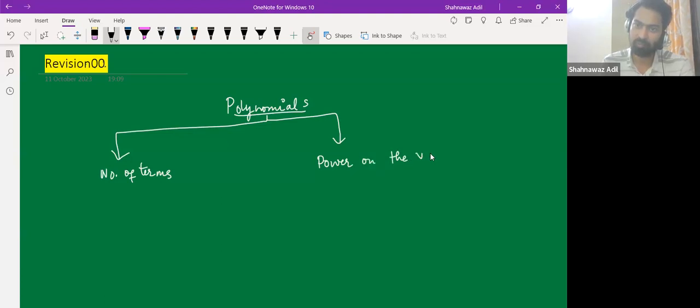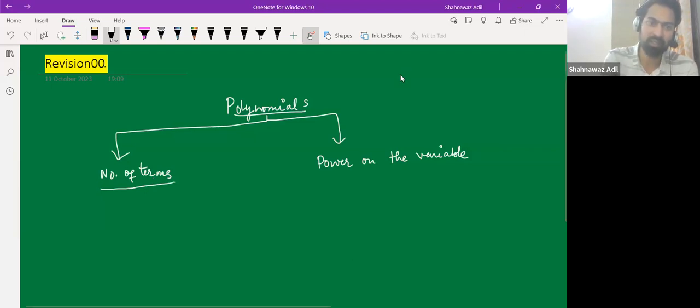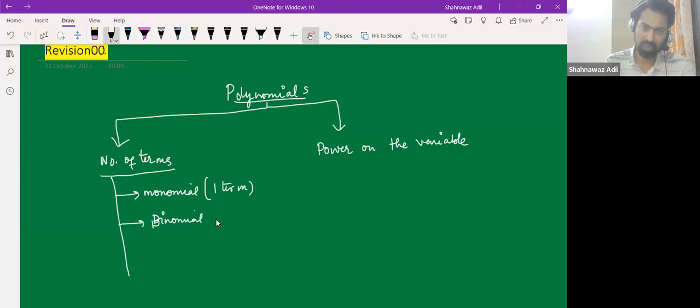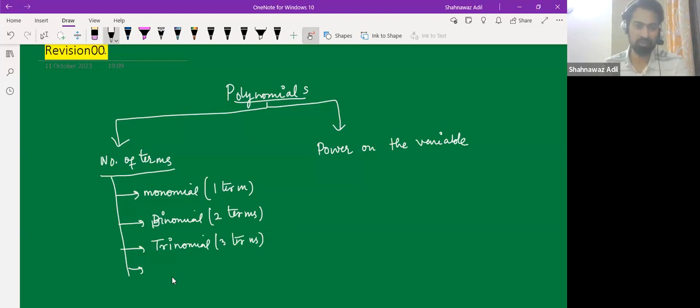So we saw that on the basis of number of terms, a polynomial can be divided into monomials, where we have a single term, and then we have binomials, where we have two terms, and trinomials, three terms, and tetranomials and so on.